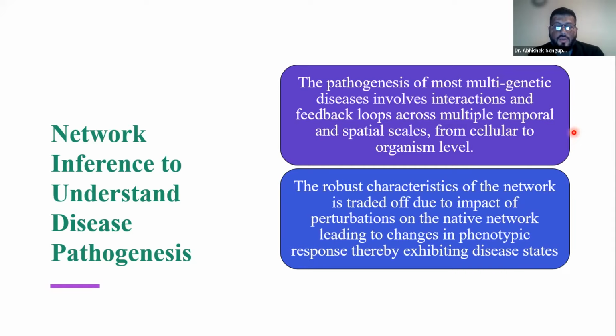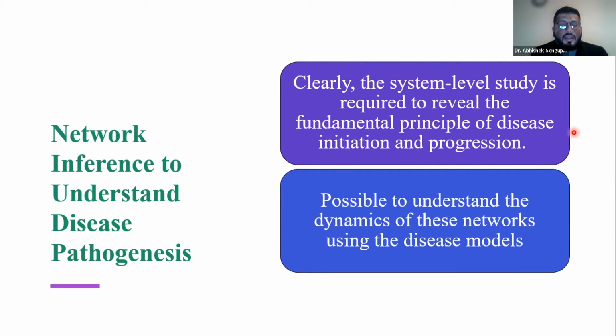So the robust characteristic of the network is traded off due to the impact of perturbations on the native network, leading to changes in the phenotypic responses, thereby exhibiting disease states, right? Next, clearly, a system level study is required to reveal the fundamental principles of disease initiation and progress, and it is possible to understand the dynamics of these networks using the disease model.